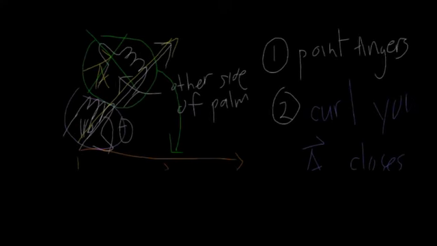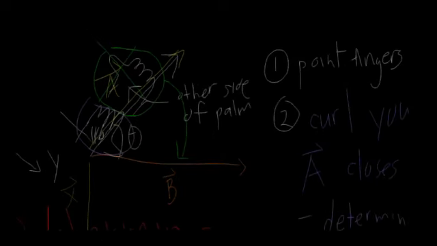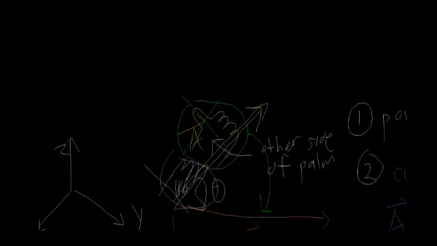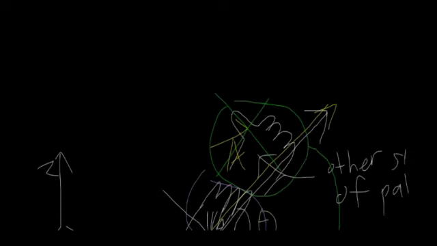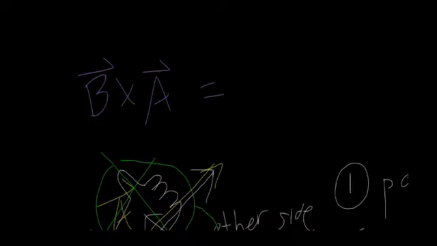Well, the answer is yes, but first of all, let's prove that b cross a is the negative of a cross b. I was debating whether I should continue this in another video or not, but why not? B cross a is the negative of a cross b.